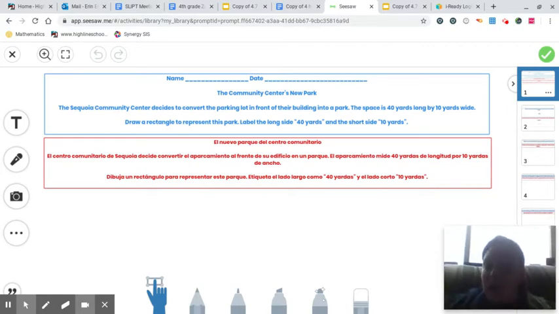Draw a rectangle to represent the park. Label the long side 40 yards and the short side 10 yards. So you are going to draw your own rectangle and label the long side 40 and the shorter side 10. That's important to know because you're going to want to remember it for your next questions.